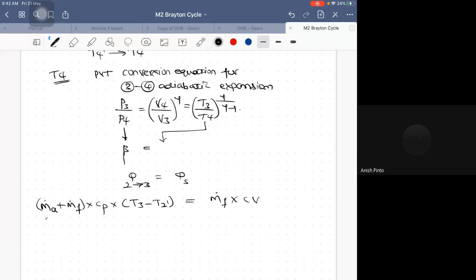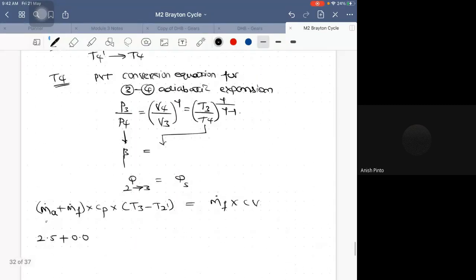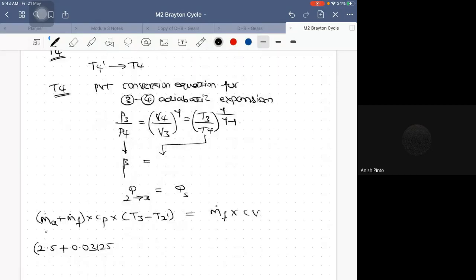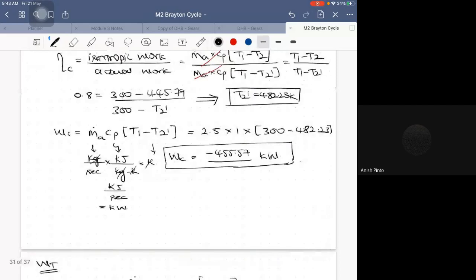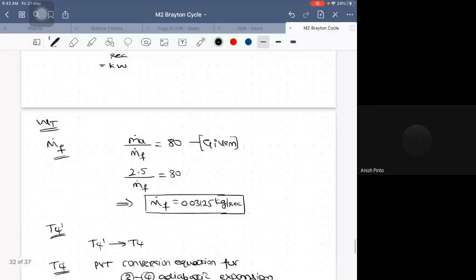From this, substitute all the known parameters. mA dot is 2.5 kg per second, mF dot is 0.03125, Cp value is 1, cross T3, which I need to find now, minus T2 dash, which is 482.23.